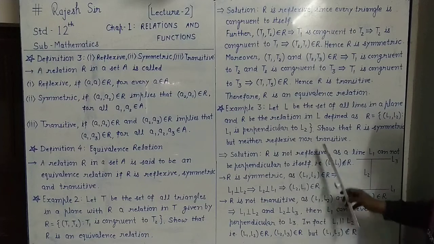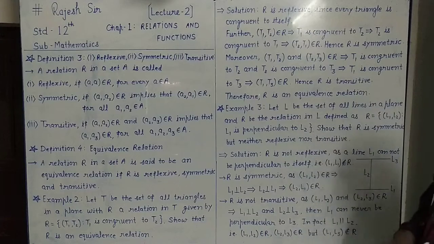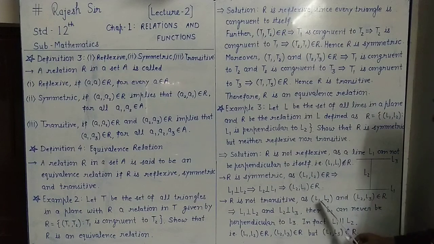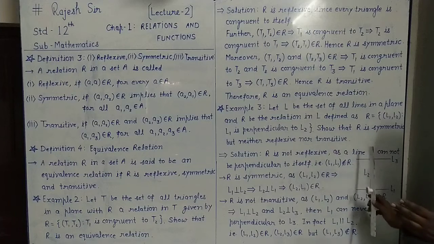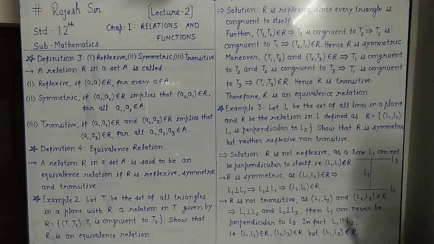Now for the transitive, R is not transitive. Why? See, (L1, L2) and (L2, L3) belong to R. (L1, L2) belongs to R means L1 is perpendicular to L2, and (L2, L3) belongs to R means L2 is perpendicular to L3. You can see from the figure that L1 is not perpendicular to L3. It can never be; it is impossible.